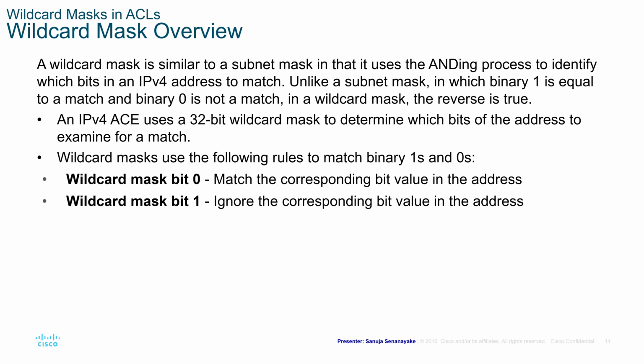The wildcard mask bit 0 matches the corresponding bit value in the address. And the wildcard mask bit 1 ignores the corresponding bit value in the address. So remember, this is the opposite of a subnet mask. That's how it works.